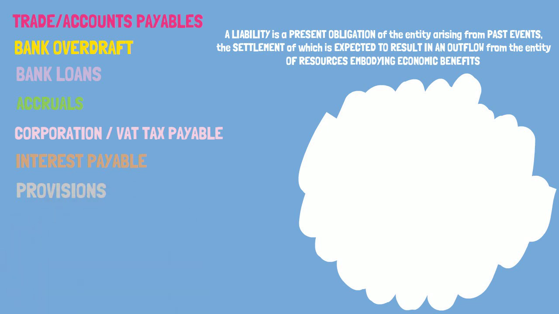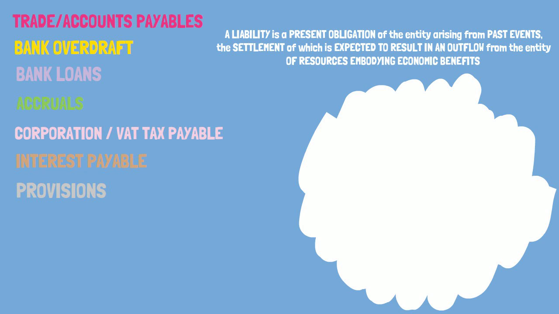And the last one is provisions. So what are provisions? A provision is a liability of uncertain timing or amounts, as defined under IAS 37. So what does this mean?